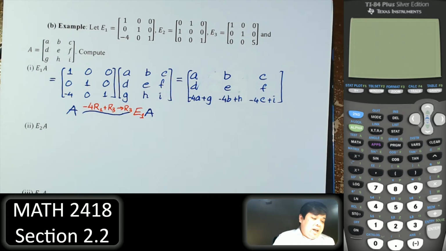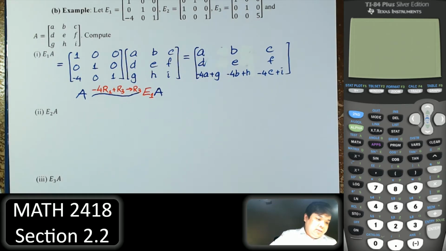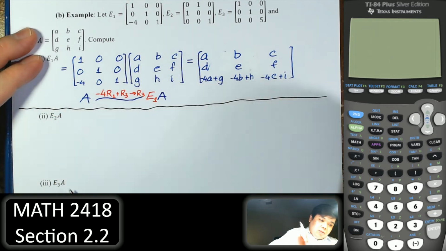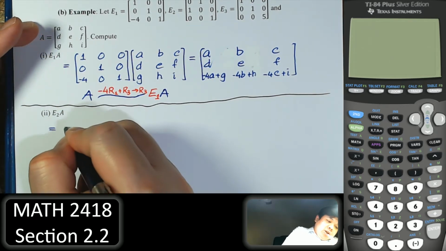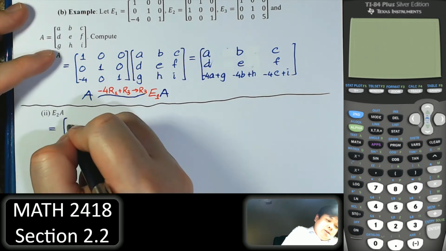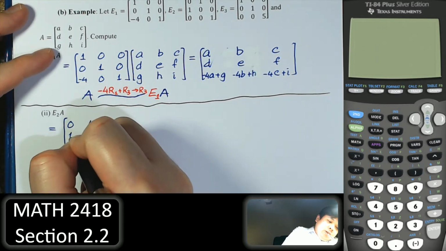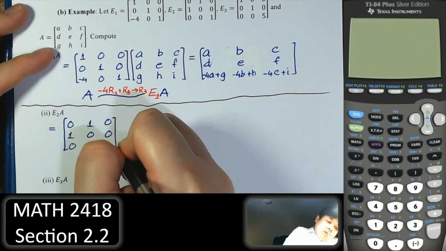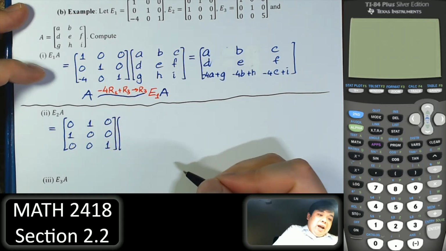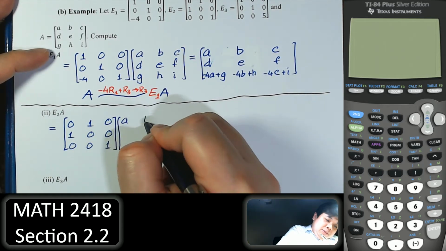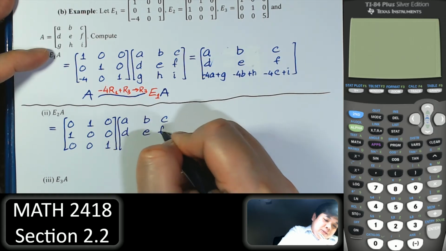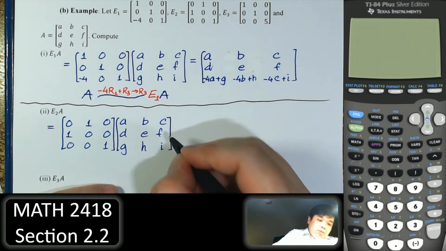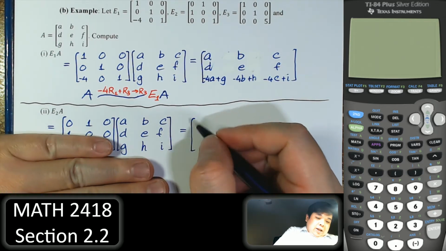Right. E2 and A. Right. Row times column.